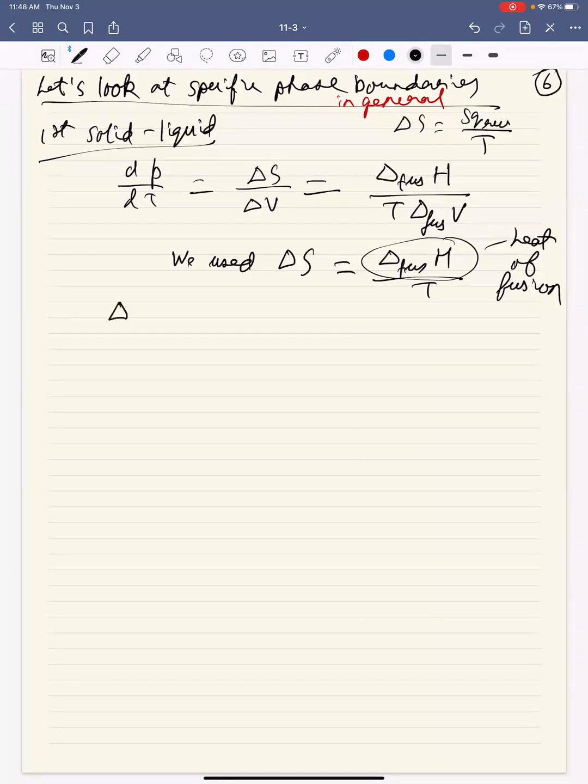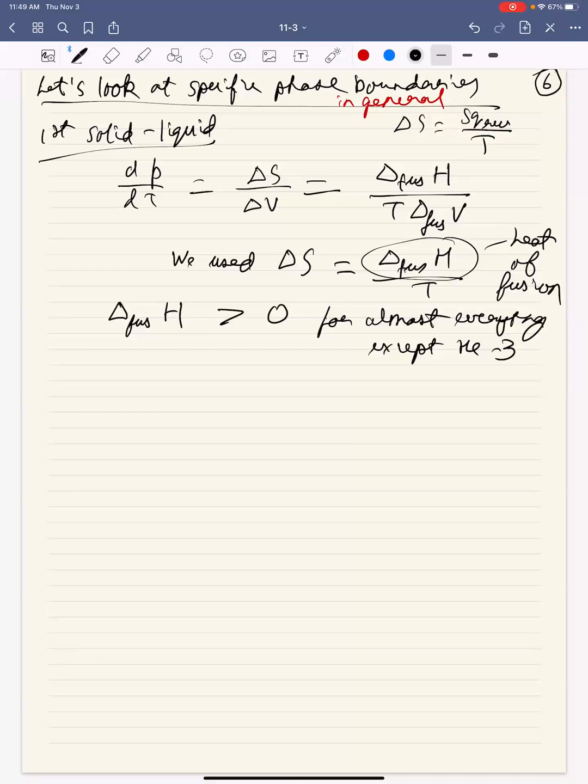So delta H of fusion is more than 0 for almost everything, including water, except helium-3. And I don't understand why it is true for helium-3. I don't think anyone understands. There are models to explain it. It really connects to superfluidity and superconductivity, where superconductivity is one of those problems where some experimenters once told me that if a theorist makes a prediction, they will go and do exactly the opposite thing, and they have a higher chance of succeeding. The theory is so bad still about it.